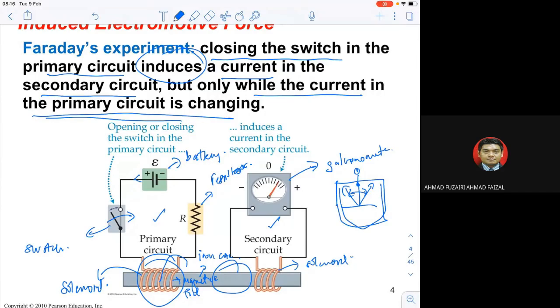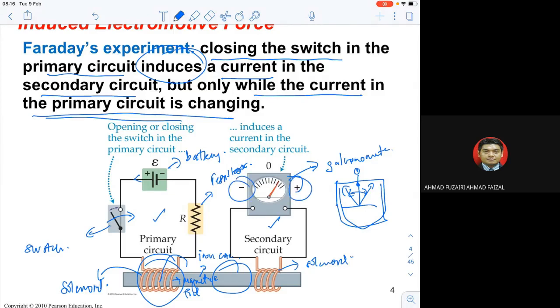If we want to measure the current, we use an ammeter, but the galvanometer is just to detect: is there a current in the secondary circuit? Because the needle is in the middle, it can show us the direction of the current, either from positive to negative, or negative to positive.